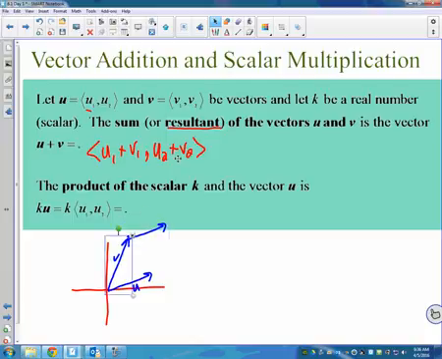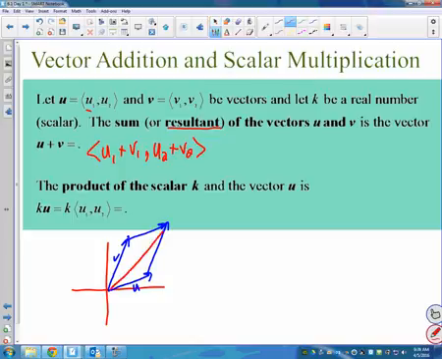And if I took this one and move it over here, you can always make a parallelogram because a parallelogram has opposite sides that are congruent, parallel. And when you add two vectors that both start at the same point, the sum is the vector that makes the diagonal there. So the vector here, that would be your resultant, which gives you your u1 plus v1 and u2 plus v2.